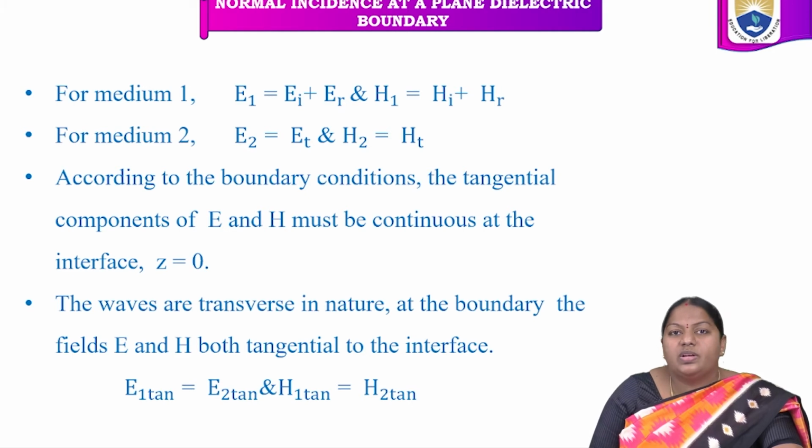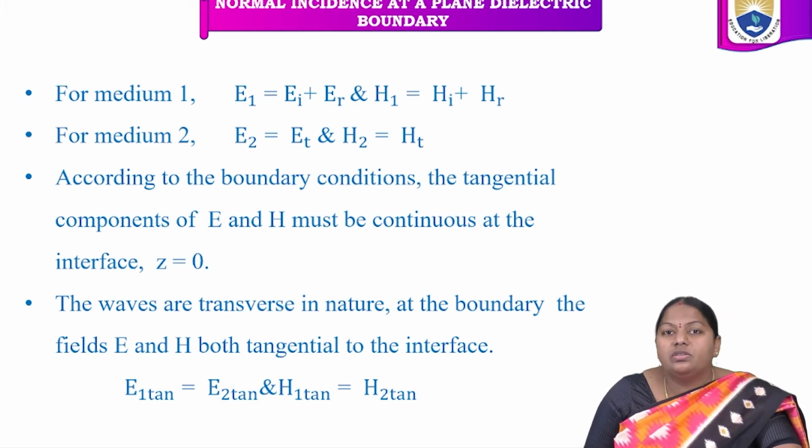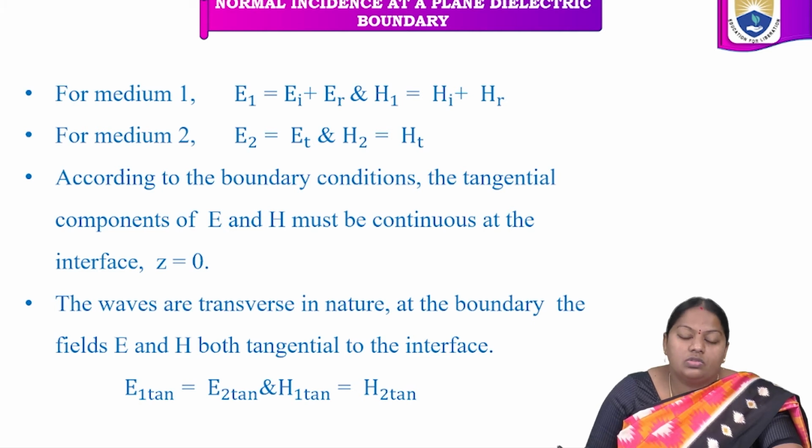So, in order to write the mathematical equations for the transmission coefficient and reflection coefficient, we need to use boundary conditions between two dielectric media. This we have already learned in the electrostatics case.